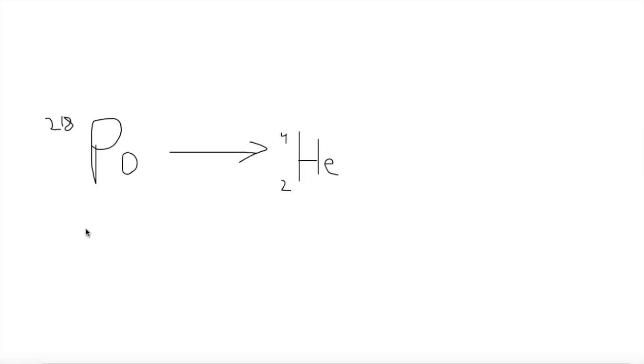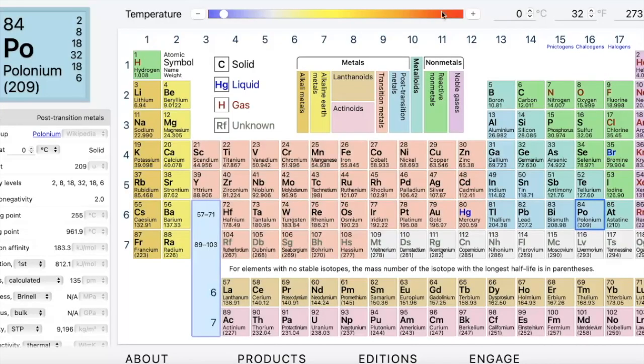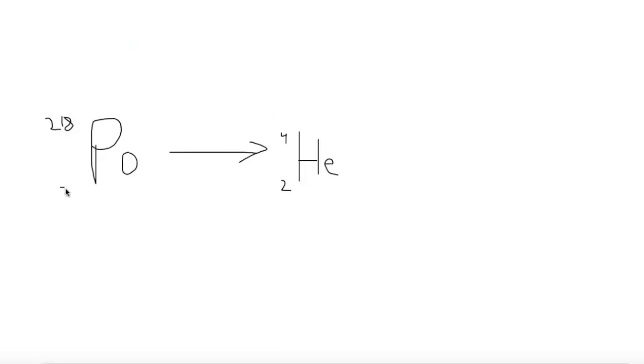So we can determine that the atomic number for polonium is 84, since we're given the element, so we could look it up on the periodic table, and it's 84. So then we could put that down here for the atomic number. We just need to keep in mind that atomic number and mass number have to stay the same. So this atomic number has to be conserved, and this mass number has to be conserved.